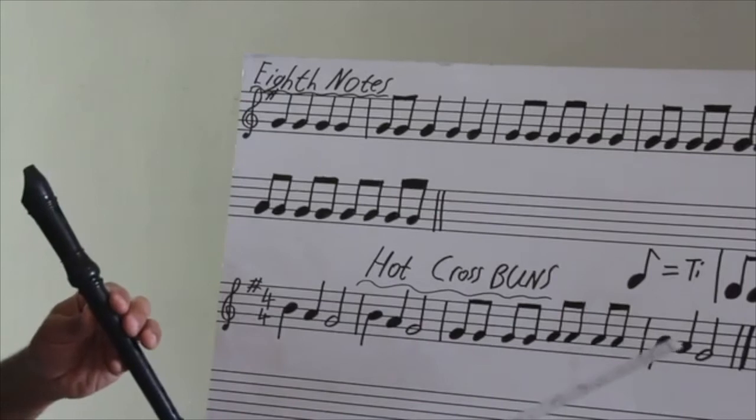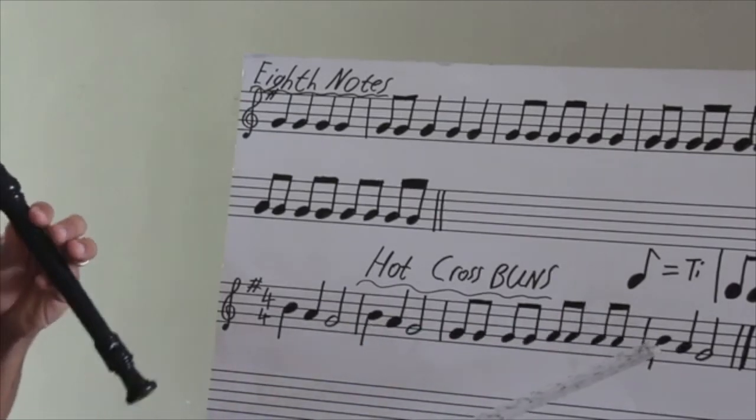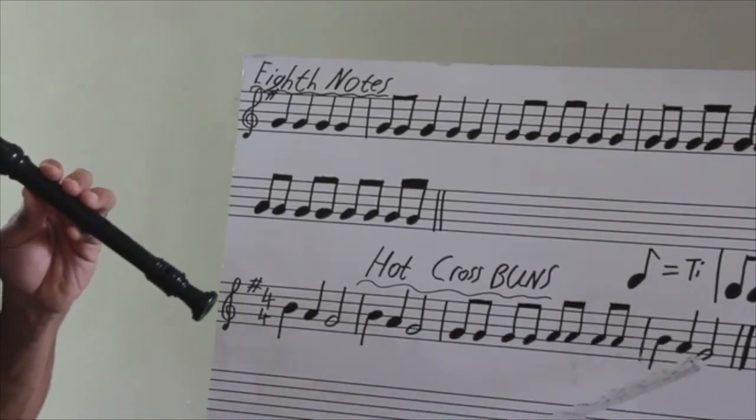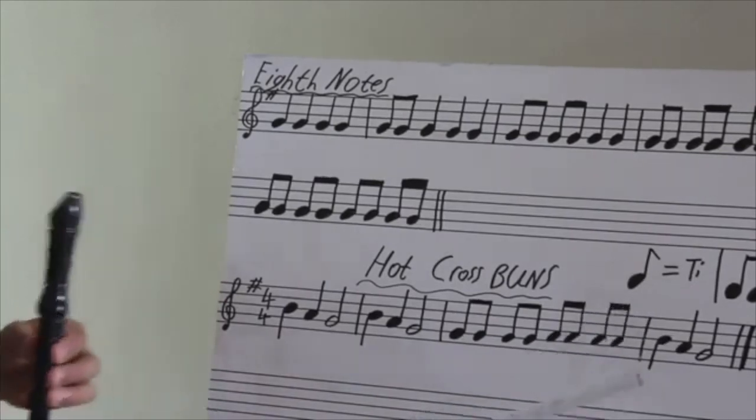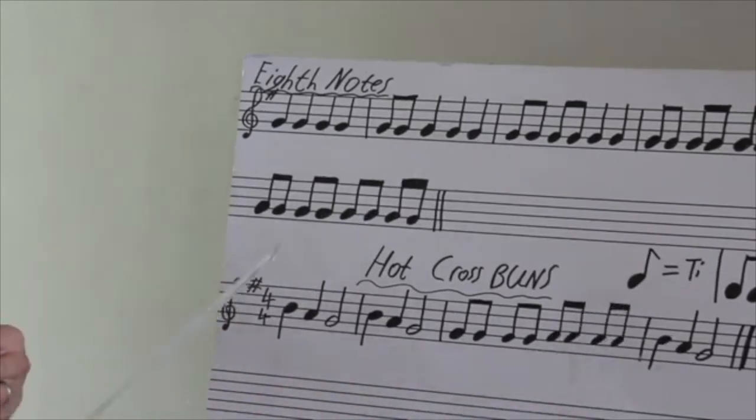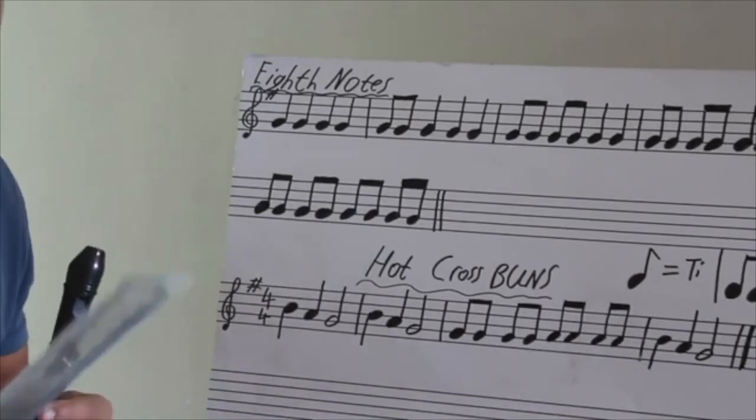Now, this fourth bar is exactly the same as the first two, so we're just going to play, again, B, A, G. So let's try to put the whole piece together. I'll play it with you twice, and the third time, you're going to play it by yourself.